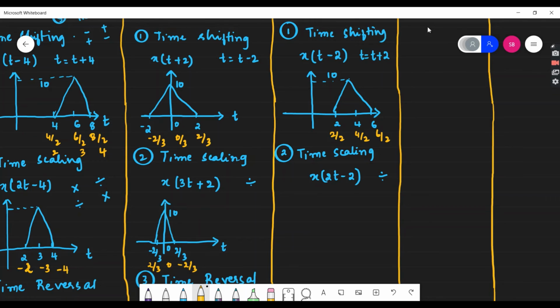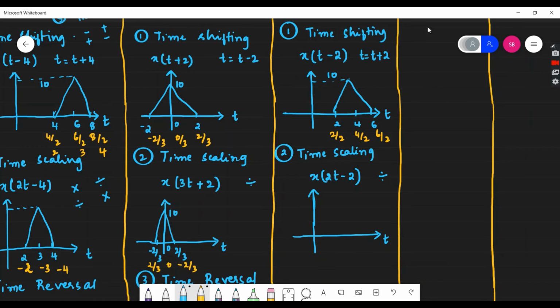So I have to consider the sketch, something in this manner. So this is x of 2t minus 2.